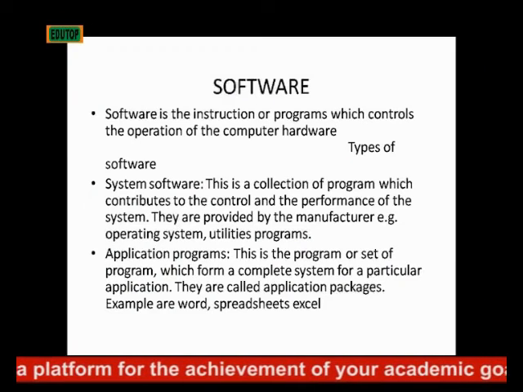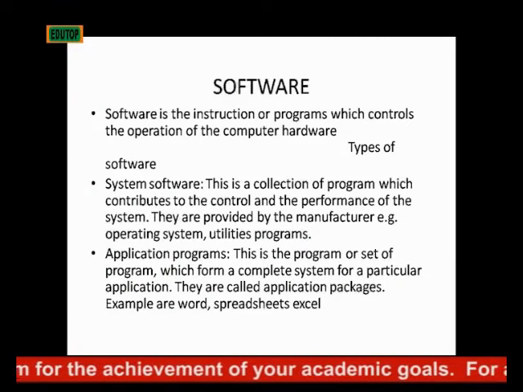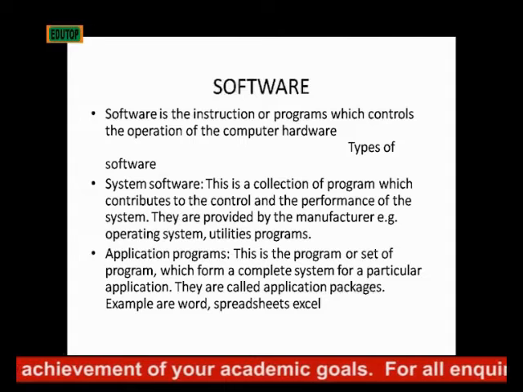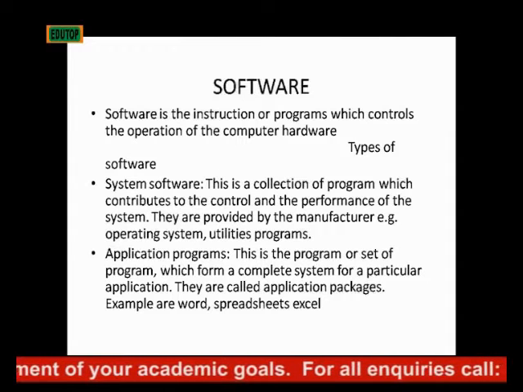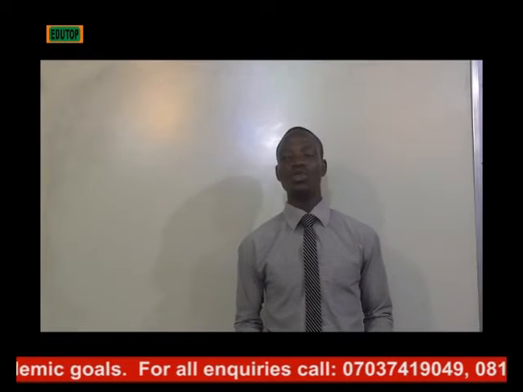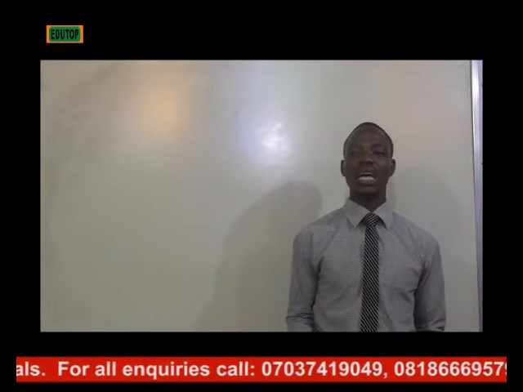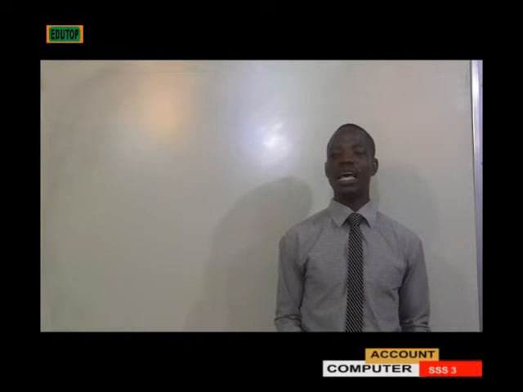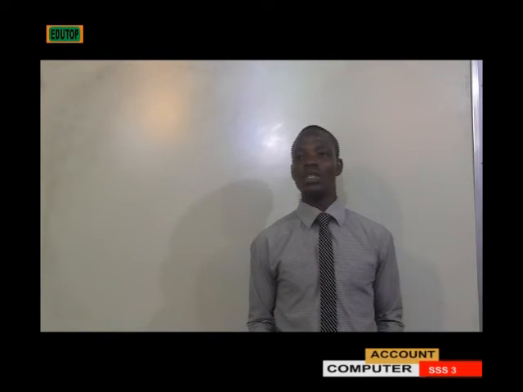But then we have a spreadsheet, which is called Excel. Under spreadsheet we have Excel, and Excel is used to draw financial statements and do calculations. It is only meant for calculations and to prepare financial statements. So that is that on the spreadsheet Excel.